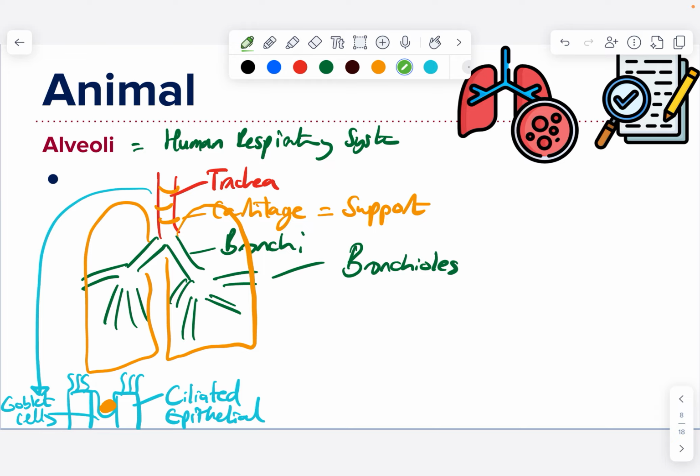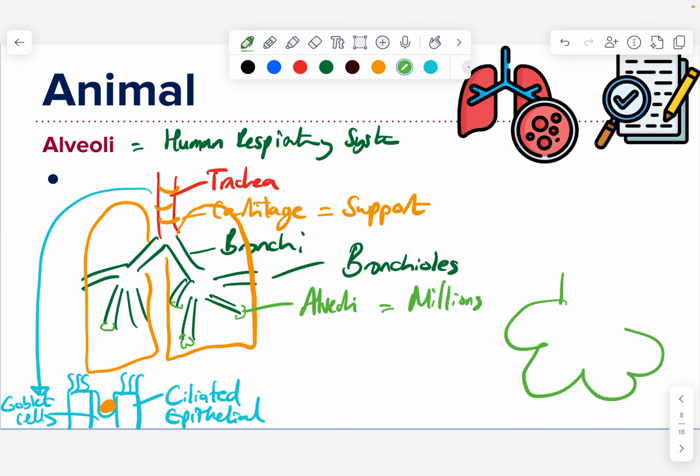So at the end of my bronchioles, I find millions, close to about 400 million alveoli. So first of all, there are millions of them. Each one looks a little bit like that. Due to their shape, they have a large surface area.